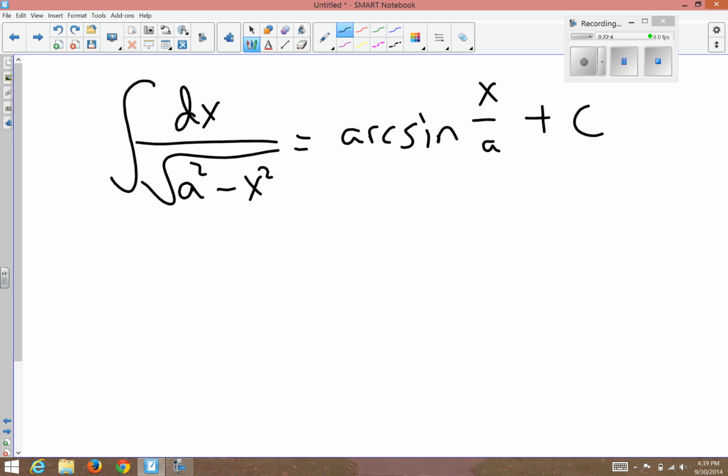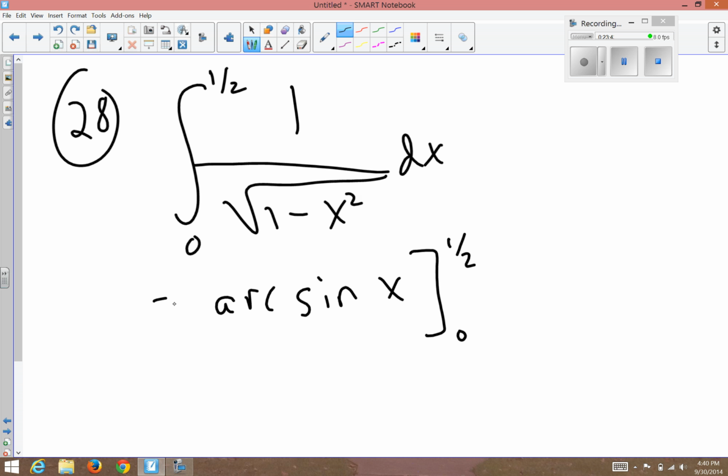C means any constant. We're going to use 0. So arc sine x over 1 plus c. C is 0. Bracket, half up there, 0 down there. That means this is what we write next: the arc sine of the number up there minus the arc sine of the number down there.